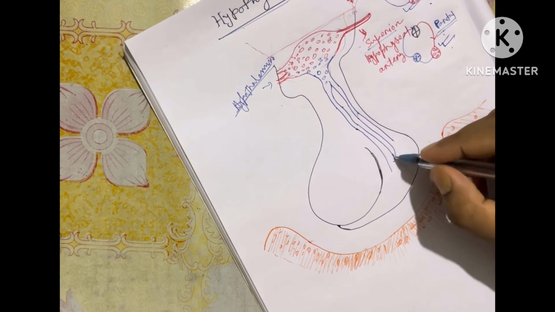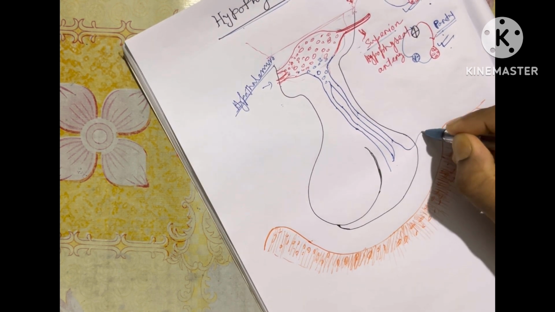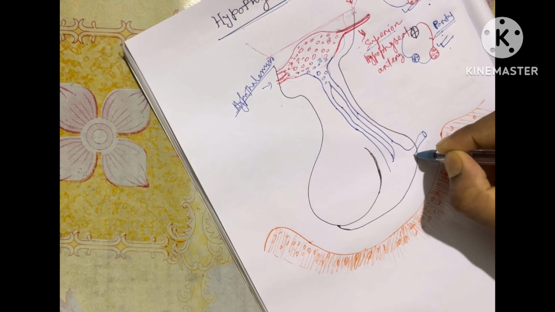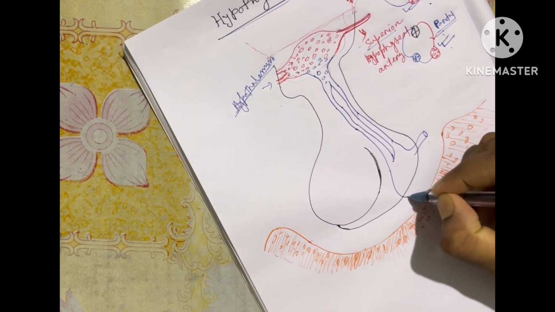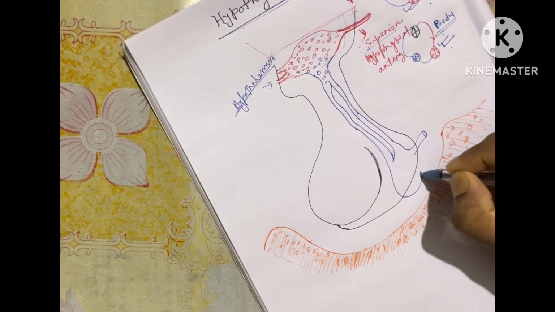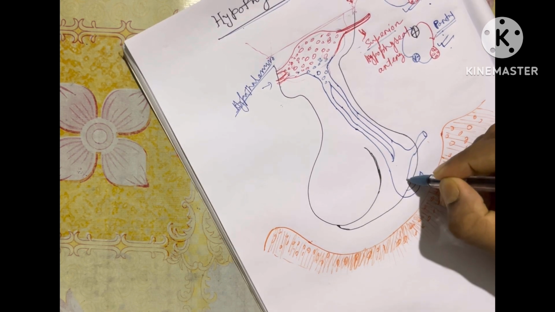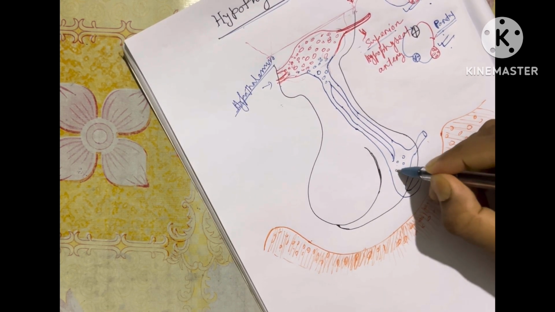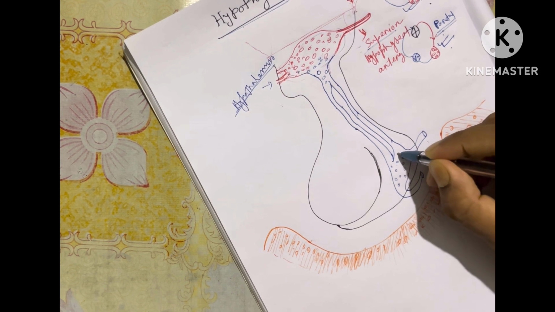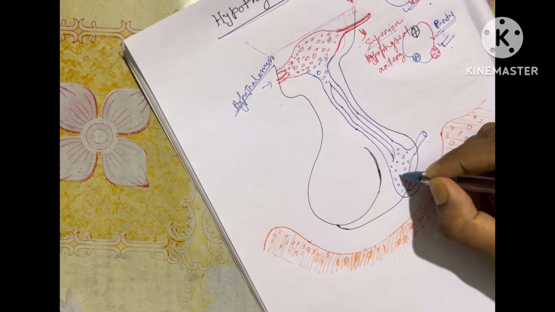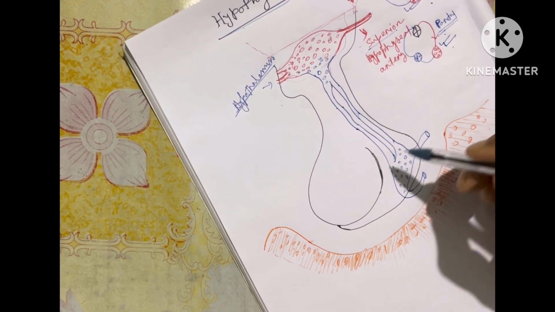One more artery will be there, and these two arteries form a capillary network over here, which is a part of our hypophyseal portal system.